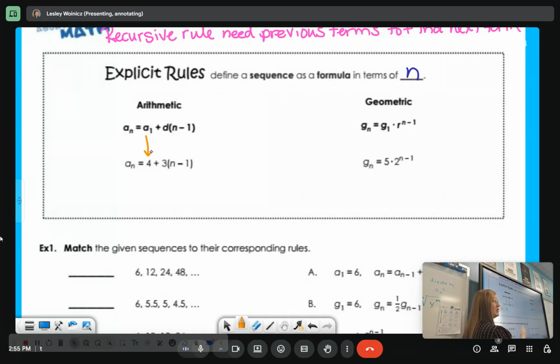Now, if you only have to do a couple of terms, this is still probably the fastest thing you can do. Just write it out. Pretend it's recursive and use the previous terms to get the next term.